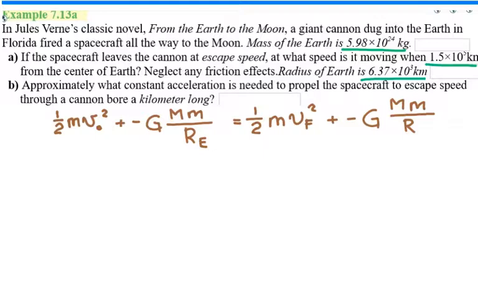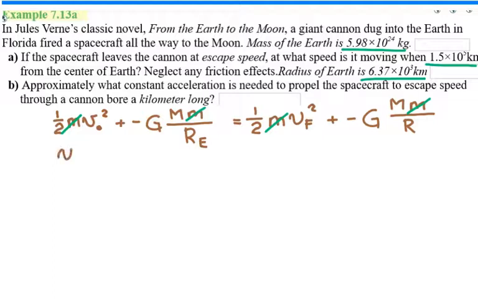Because every single term here has the mass of the craft, in your equation the final velocity does not depend on the mass of the craft. So at first I multiply them all by 2, so I don't have a fraction. Well, I still will have a fraction, but at least I don't have to deal with the 2.